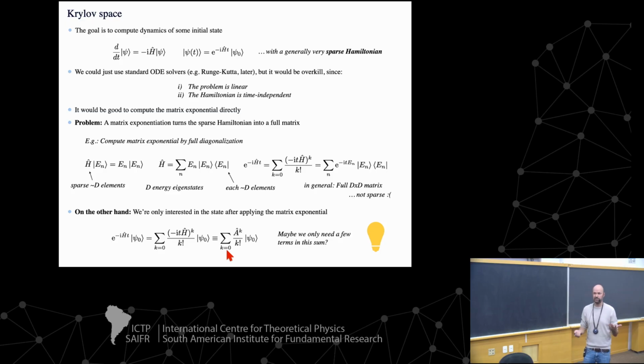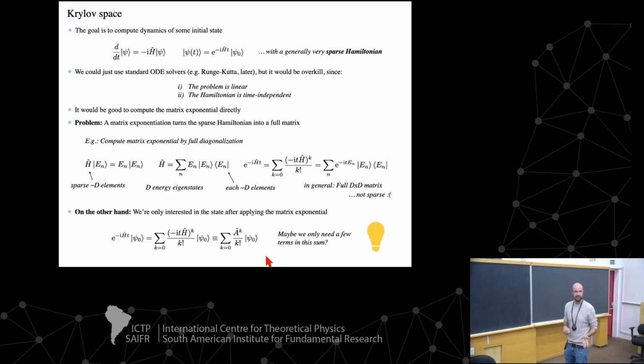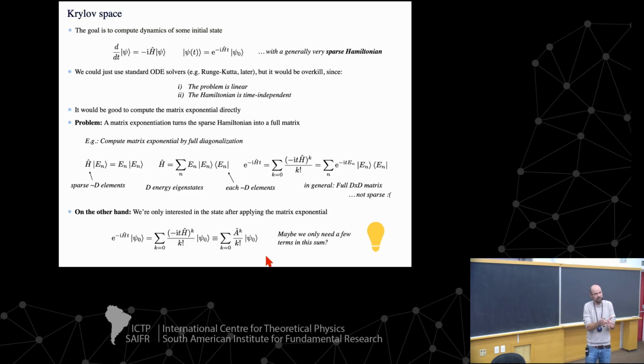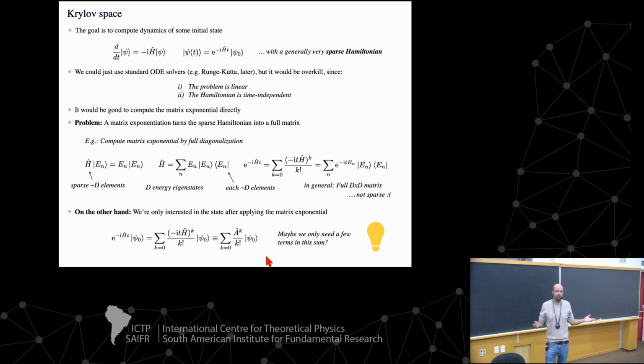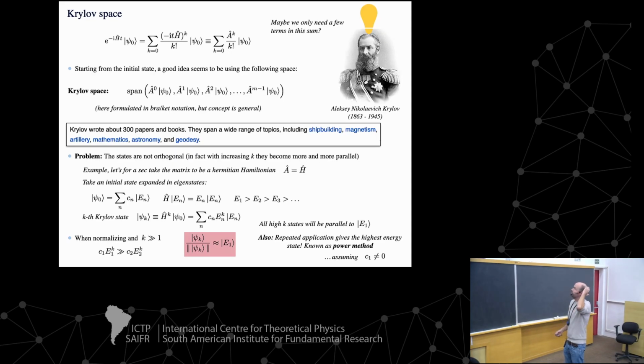This is kind of intuitive, because if I evolve my state from some initial state to some final state over a very long time, it may visit all of the Hilbert space, but if I simulate only a little time step, which I want to do anyway, then I maybe only need a few eigenstates in the system to evolve me to the next state. The question is just how to find those eigenstates efficiently. And this is what the Krylov space is about, essentially.